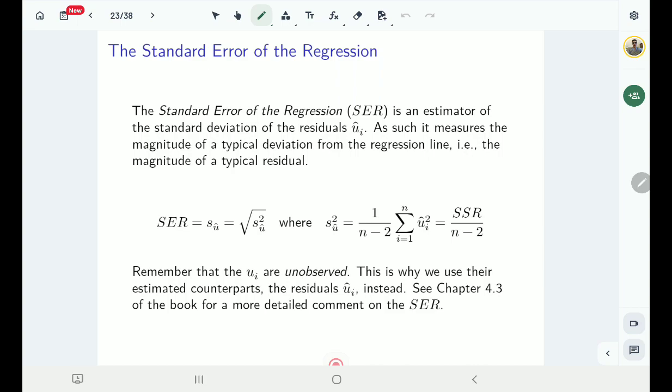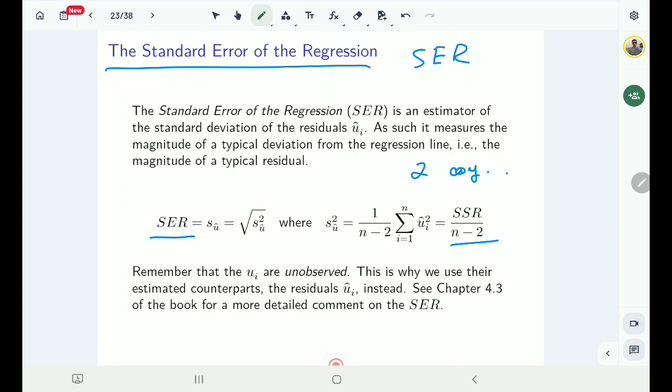Okay, so this is the second measure of fit, standard error of regression, SER, that is closely related to SSR. So SER is basically equal to SSR divided by n minus 2. Why n minus 2? Because here in this simple linear regression model we have two coefficients, beta 0 and beta 1.